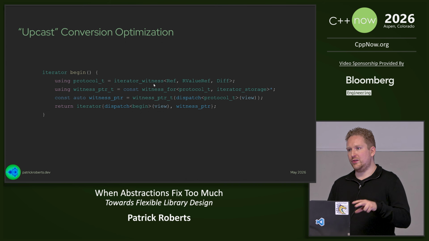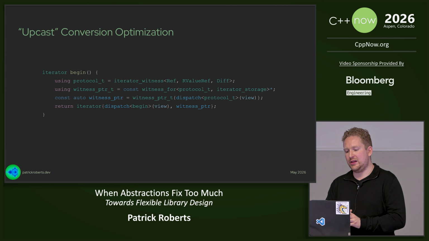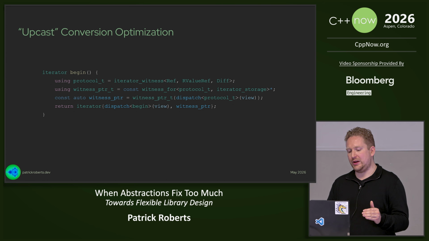In this case, in order to support that conversion where different specializations can have the set of capabilities degraded from one point in the capability lattice to another, the function pointer has to return the witness table of the least amount of capabilities. So in this case, it's the capabilities for the input iterator.